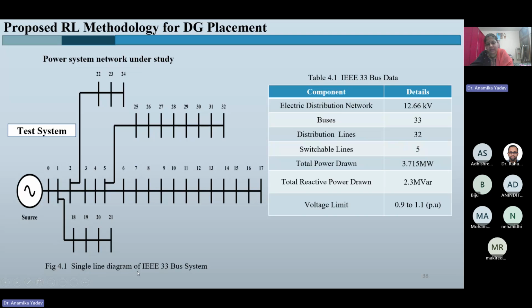The IEEE 33 bus system has been utilized, and it contains a 12.66 kV distribution network system with 33 buses, overall 32 distribution lines, and there are 5 switchable lines. Total power drawn is 3.715 megawatt, reactive power drawn is 2.3 MVAR, and voltage limits are between 0.9 to 1.1 per unit.